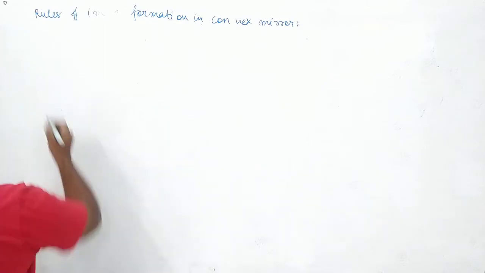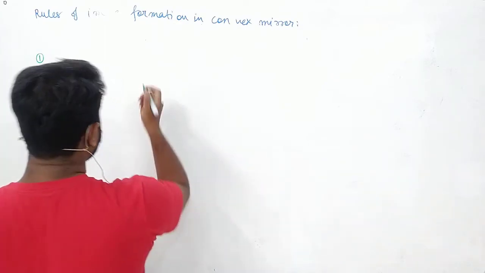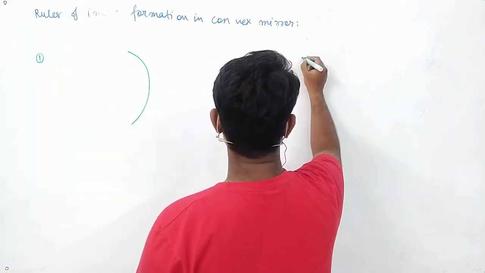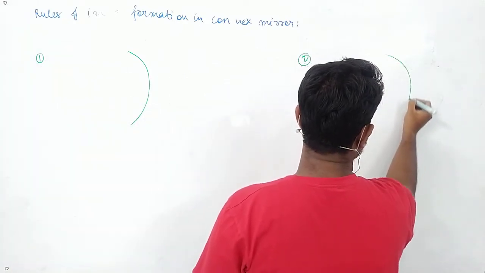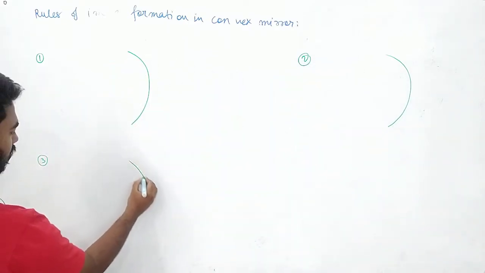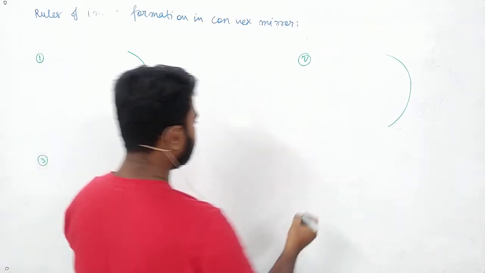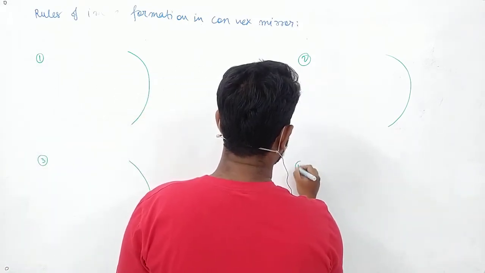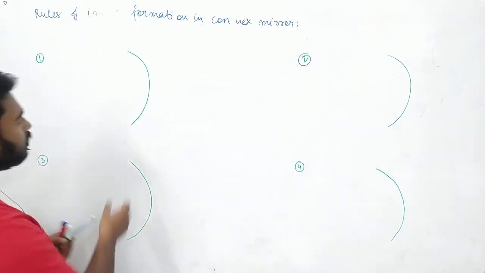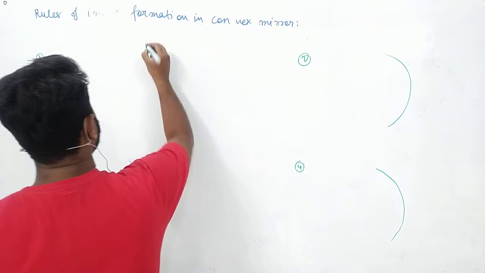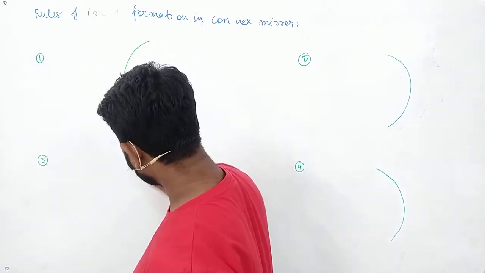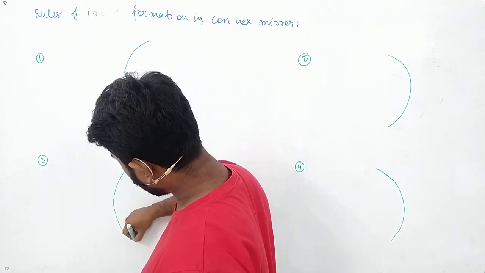This will be rule number 1, this is for rule number 2, this is for rule number 3, and this is for rule number 4. As you are new, draw it in this way, otherwise you will face problems.